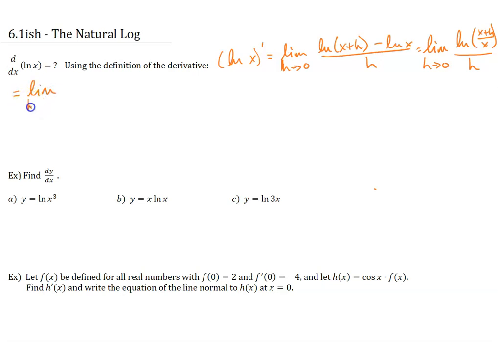Limit as h approaches 0 of 1 over h times the natural log of, and then using a little bit of algebra with this fraction here, I'm going to split that into two fractions and write this as 1, because x over x is 1, so 1 plus h over x. Okay?